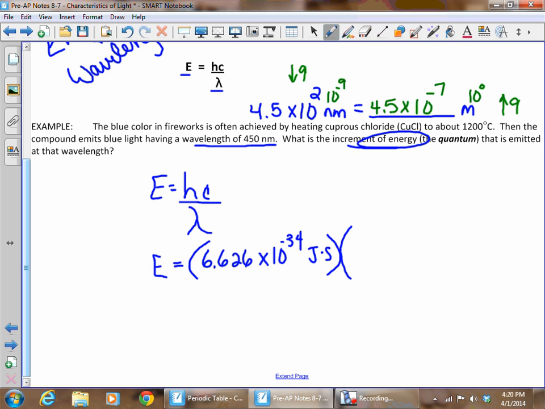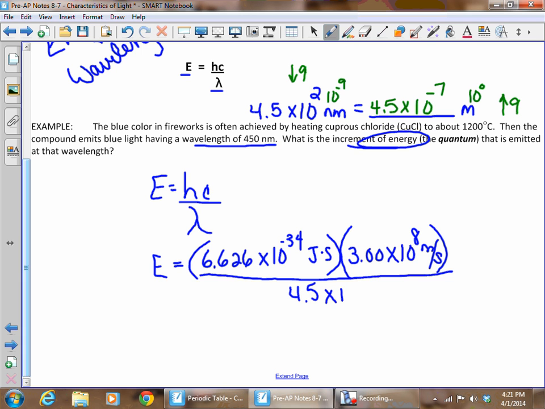Look back earlier to find out what that is, 3.00 times 10 to the 8th meters per second. And we're going to divide that by the wavelength we just figured out up here of 4.5 times 10 to the negative 7th meters. Notice what cancels. We're going to cancel meters. We're going to cancel seconds, and we're left with joules.